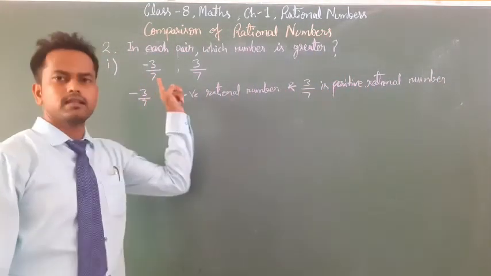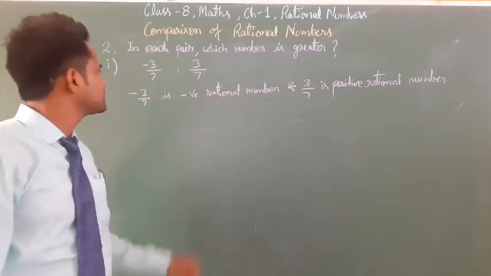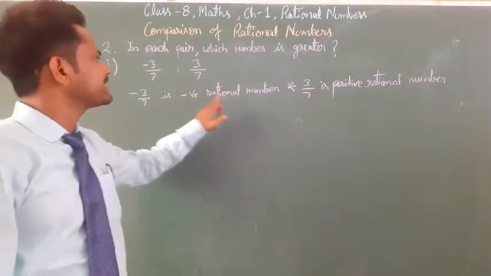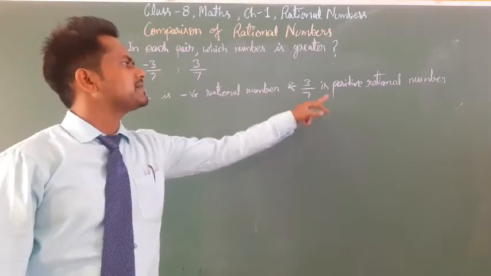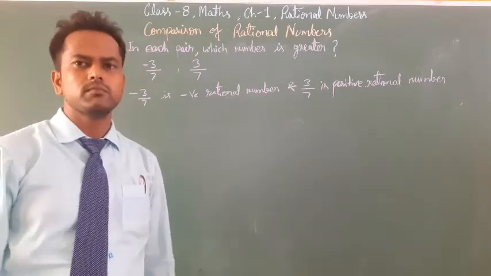You have to tell which rational number is greater. So minus 3 by 7 is a negative rational number and 3 by 7 is a positive rational number.